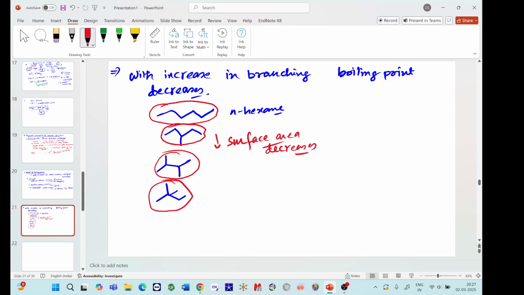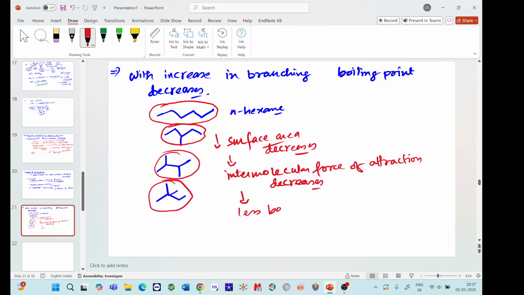Now, as surface area decreases, their intermolecular force of attraction decreases. So less boiling point. Okay.